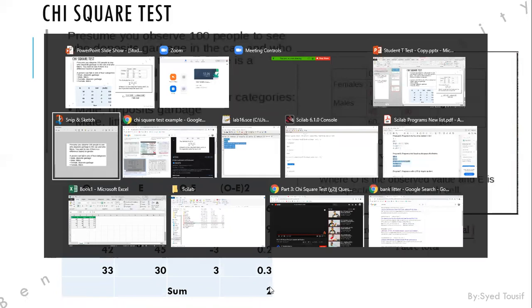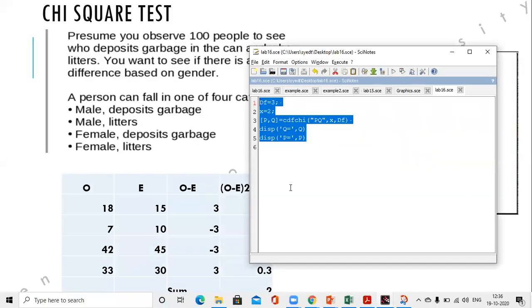I have already written the Scilab program. In this one, the cumulative distribution function for chi-square is a definition already provided by the Scilab developers. With it you can get the probability of these values.